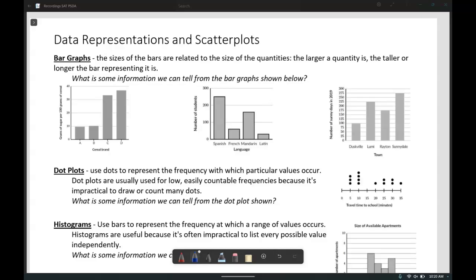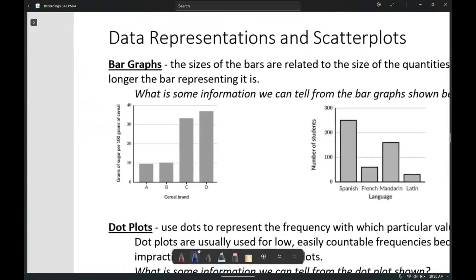For example, if we take some time to look at the first graph that compares cereal brands and the grams of sugar per 100 grams of cereal. We can see here that cereals C and D have a higher content of sugar per 100 grams, so these are going to be some sweeter cereals. Now, we can also compare how much sweeter they are.